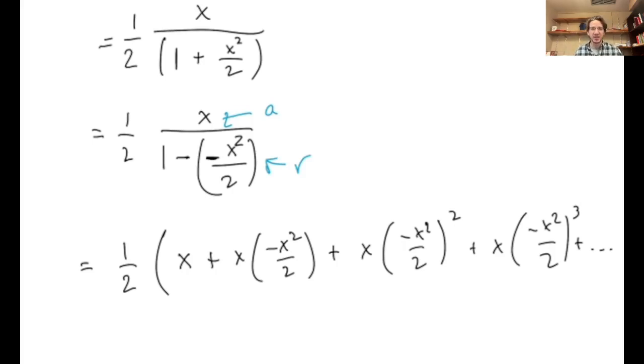This looks just like the formula for the geometric series times 1/2. With A is x and R is minus x squared over 2.